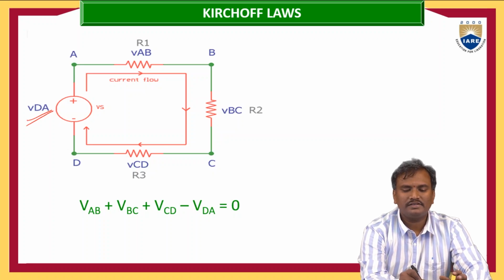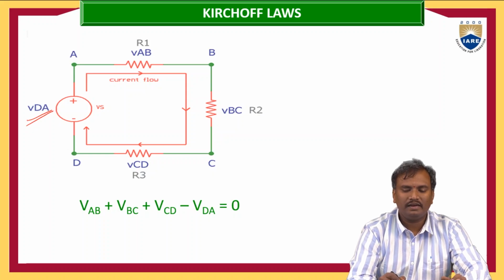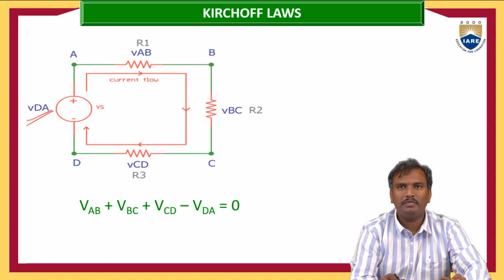And across the resistor R1, the voltage is taken between the two nodes, A and B. That node voltage is taken as VAB. And between node B and C is taken as VBC. Between C and D is taken as VCD.